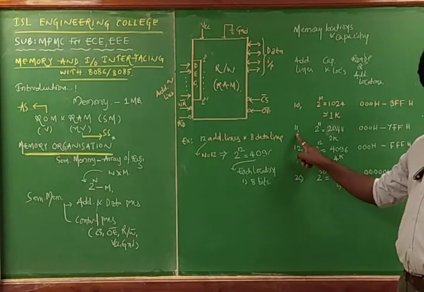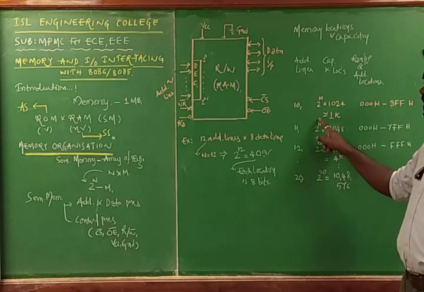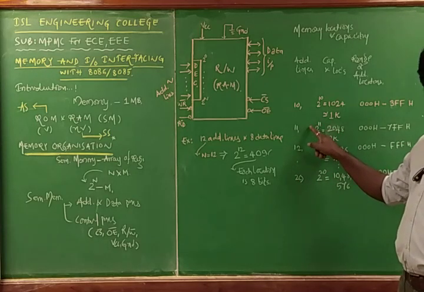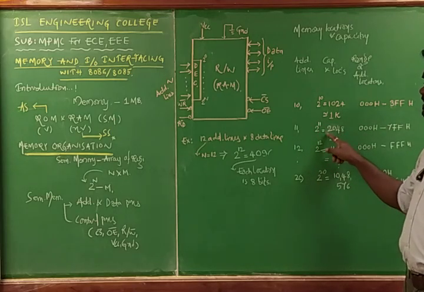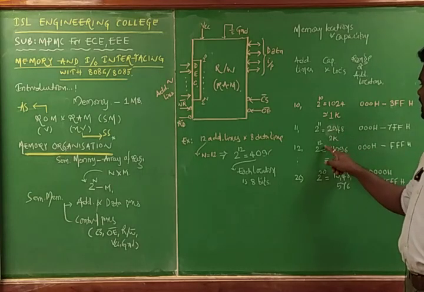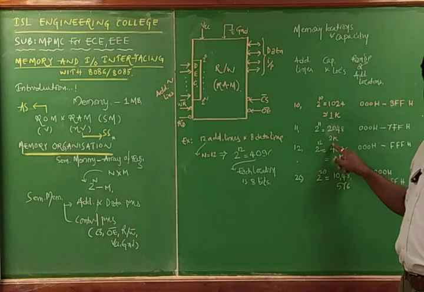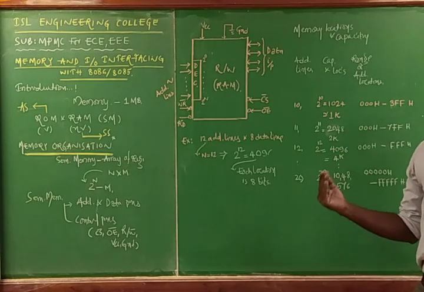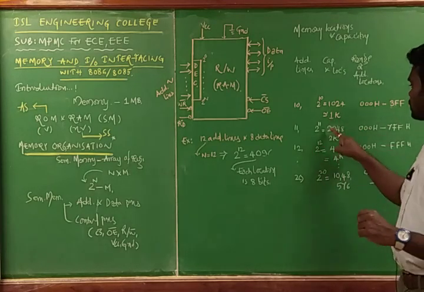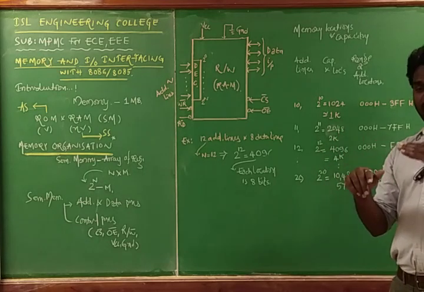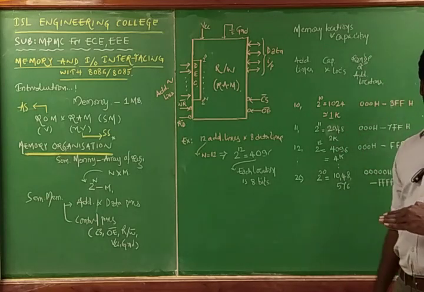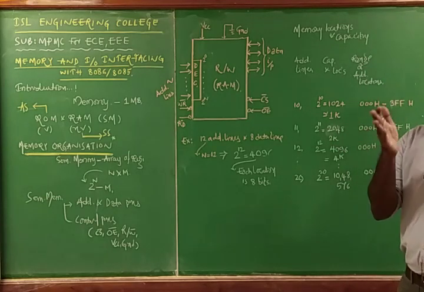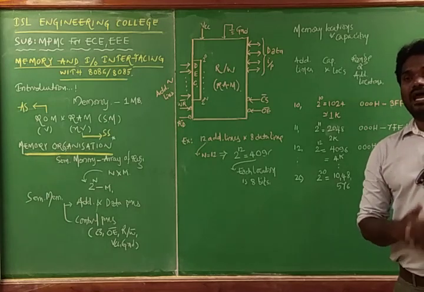If the number of address lines is 11, then 2 power of n, that means 2 power of 11 memory locations it can have, that is nothing but 2048. 2048 is approximately 2k, that means it has 2048 memory locations, from the first location to the 2048th, and each memory location is assigned one unique address.